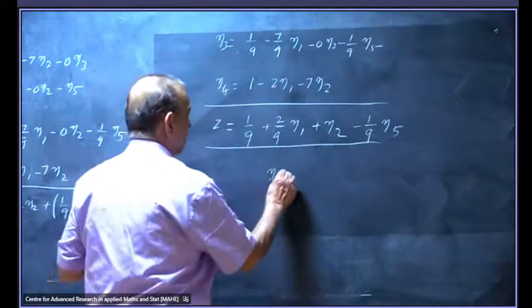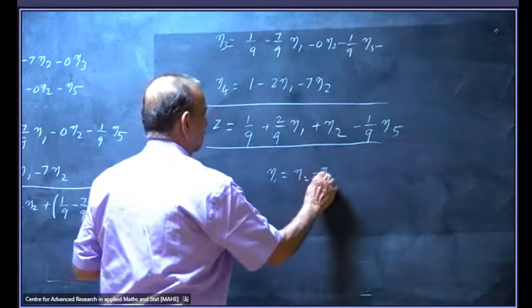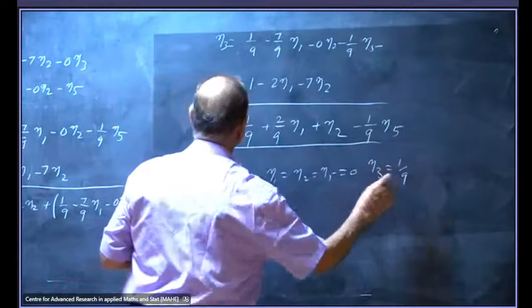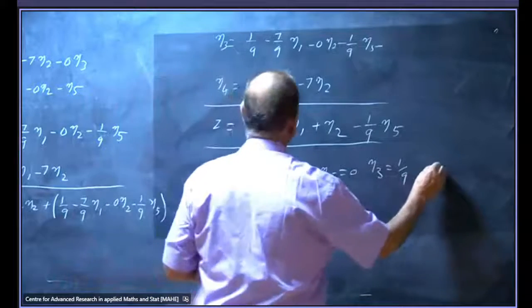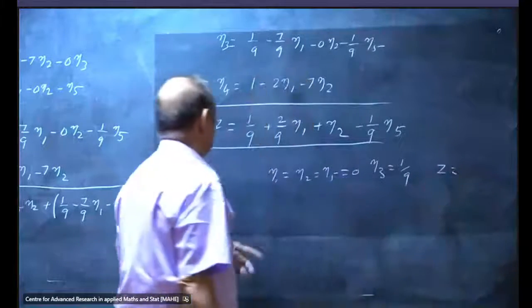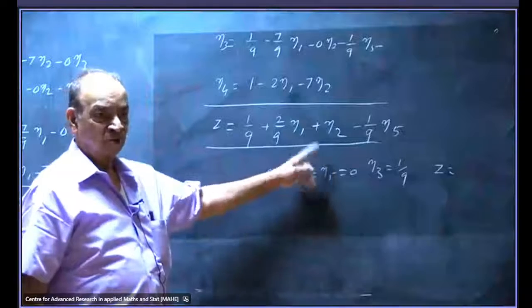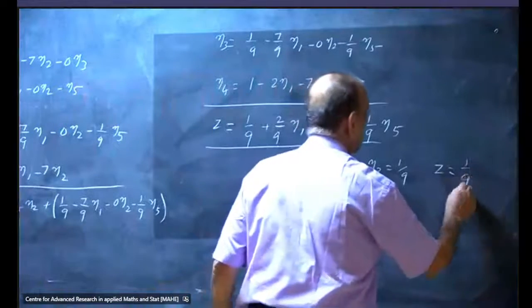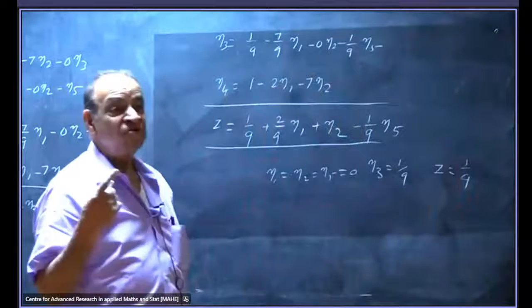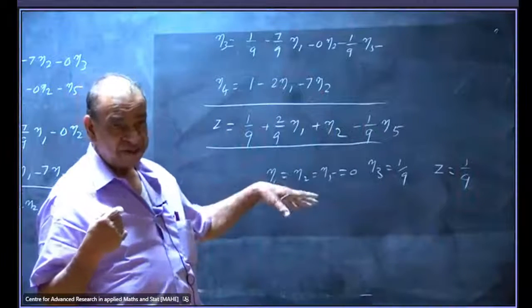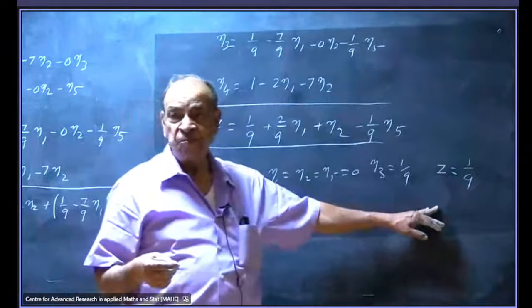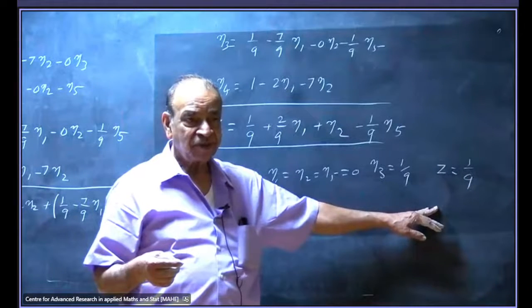So eta 1 equals eta 2 equals eta 5 equals 0, eta 3 is 1 over 9. Now what is the value of Z? 1 over 9. Previously the value of Z was 0, the first state. Now the value of Z has improved to 1 over 9.